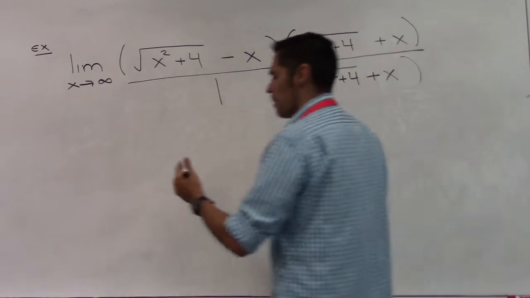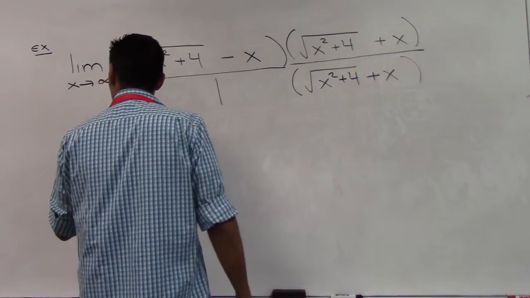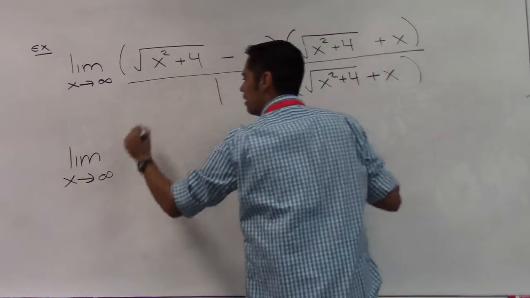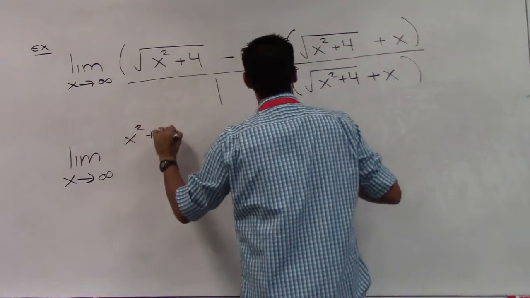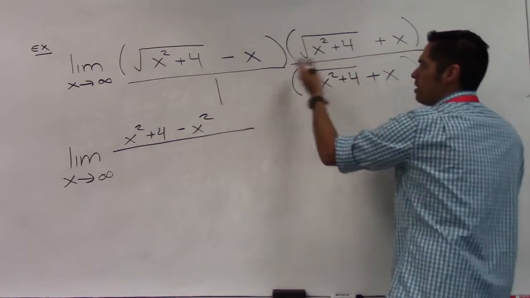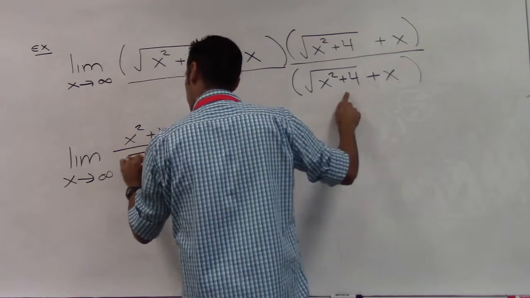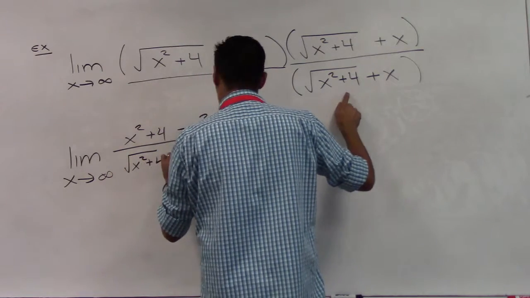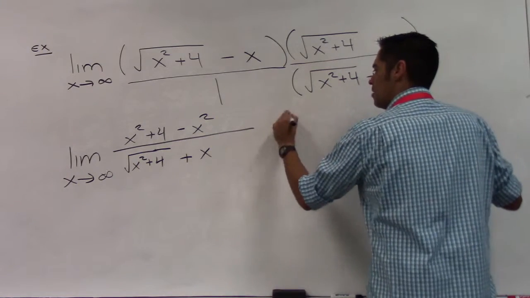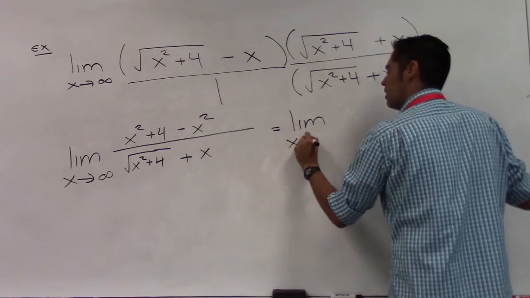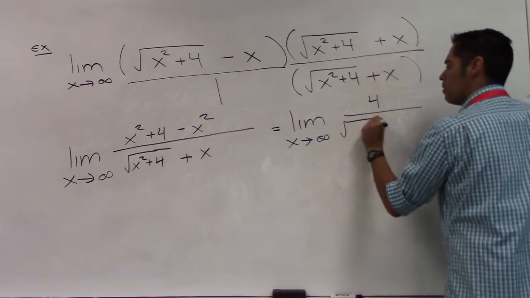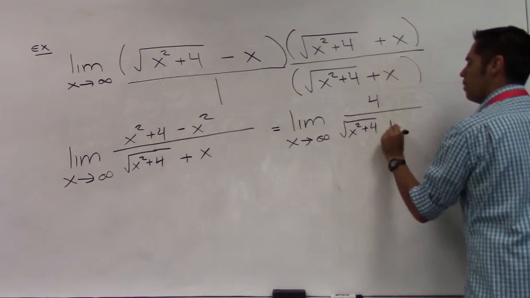So, okay. Limit as x goes to infinity. We've got, do all your FOIL up here. You get x squared plus 4 minus x squared. And then the bottom is just 1 times that, so it's just the conjugate down there. And this means you have the limit as x goes to infinity of 4 over the square root of x squared plus 4 plus x.